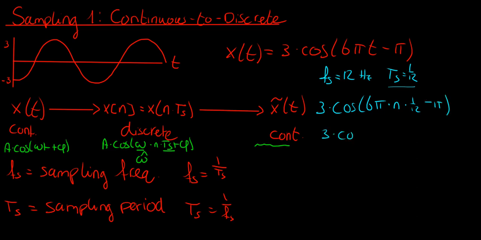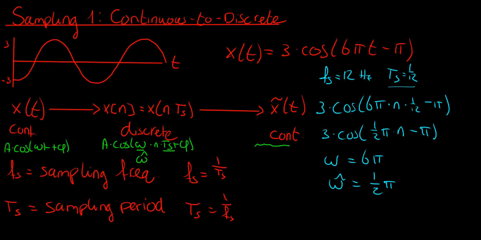If we rewrite this a little bit, we get a half pi times n minus pi, where we see that our omega was 6 pi and our omega hat right now is 1 over 2 pi.